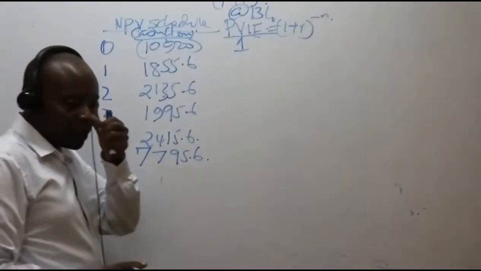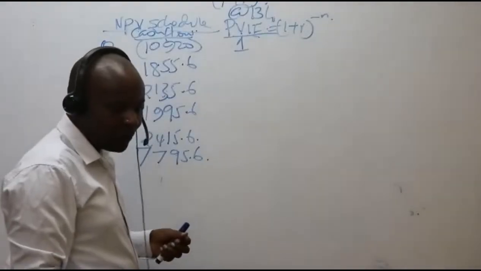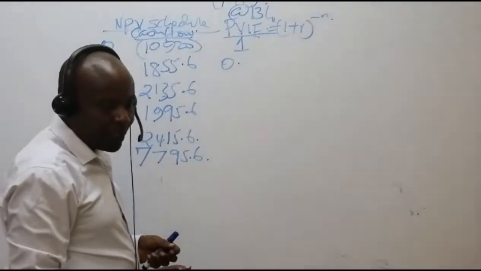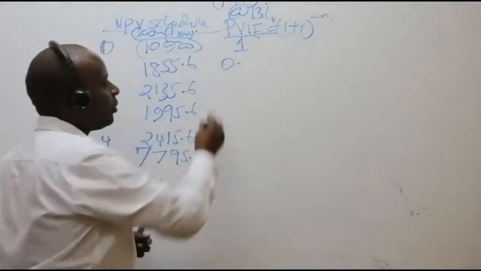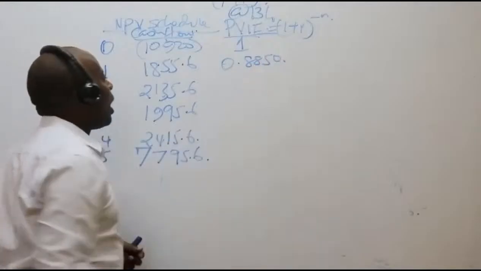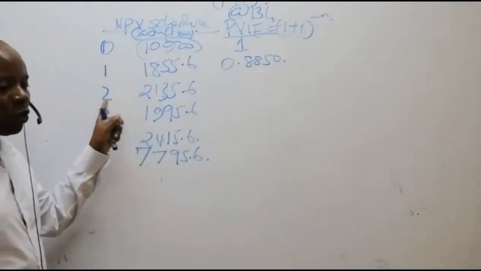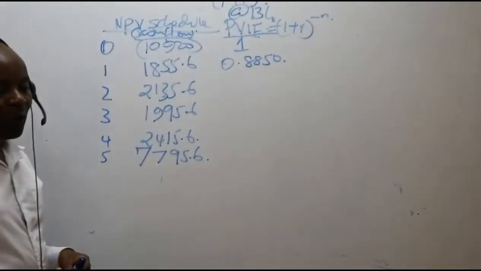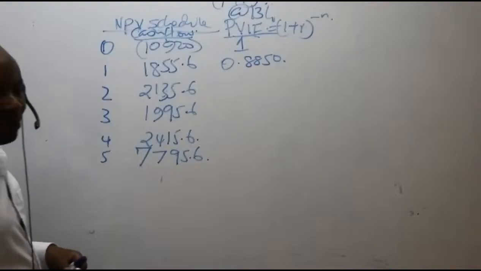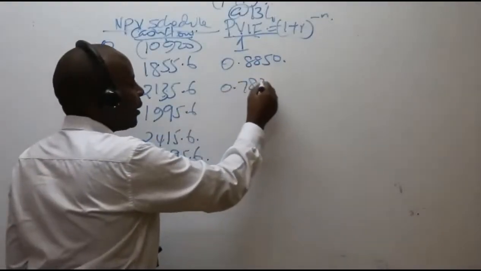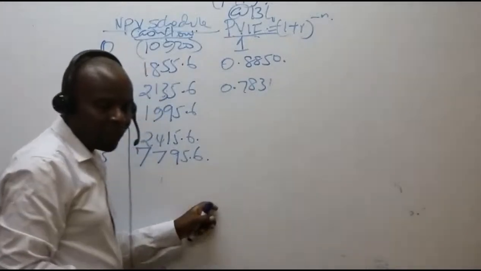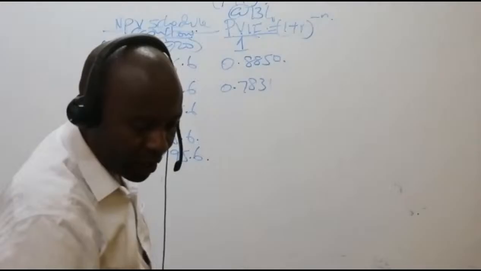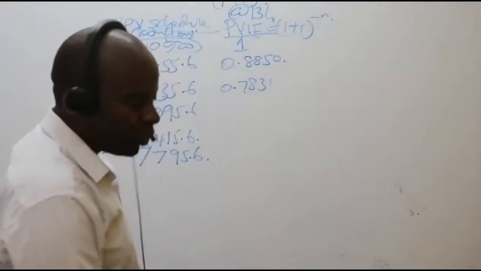I'm being told the second one is 0.8850. How about 1.13 raised to power negative 2? I'm being told it is 0.7831. And Lokai has given me the last one, 0.5428.